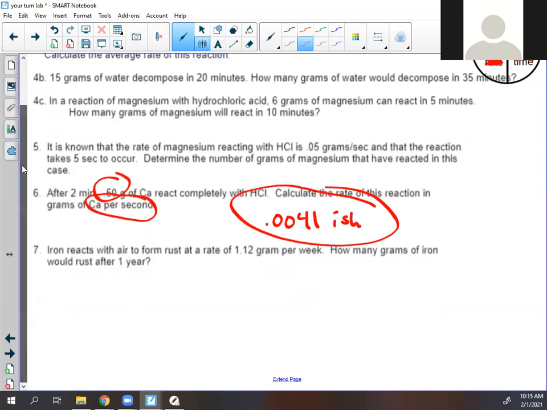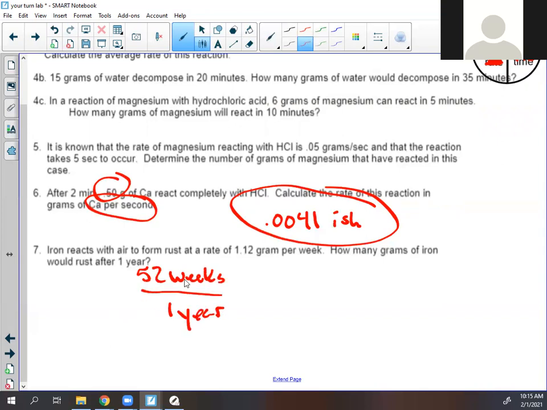Okay, then number 7, this is something that kids are losing. I did not know this. Most people the first hour did not know. There are 52 weeks per 1 year. You should just file that away in your general knowledge. All right, if iron reacts to form rust at a rate of 1.12, so that's my rate, how many grams would rust in 52 weeks?